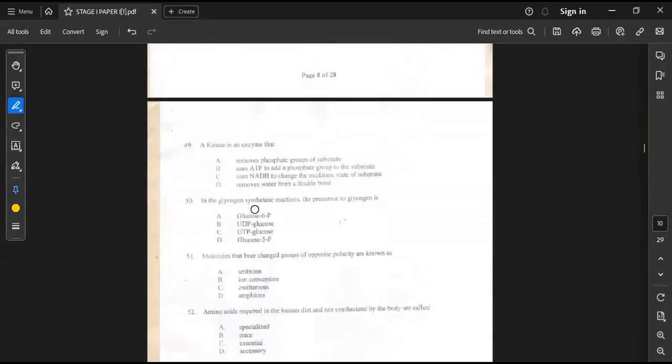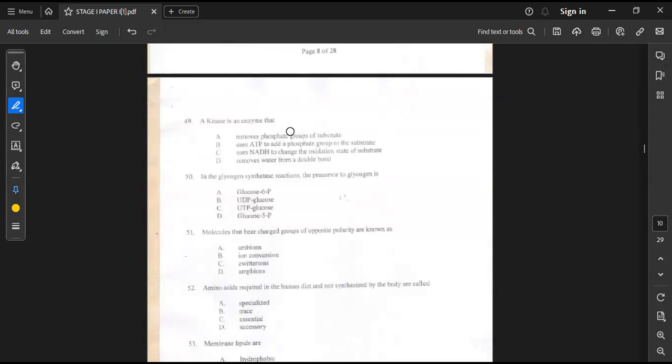Okay. A kinase is an enzyme that removes phosphate groups of substrate, uses ATP to add phosphate group to the substrate, uses NADH to change the oxidation state of the substrate, or removes water from double bond. I think it's the one for adding phosphate to the substrate.